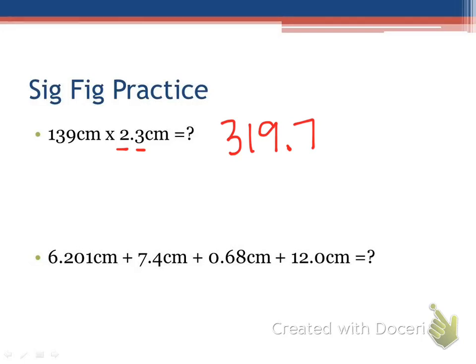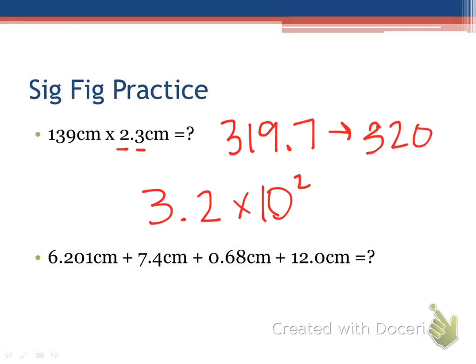Evan, what did you have for your final answer? 3.2 times 10 to the second power. Perfect. 3.2 times 10 to the second. Because if I round this up to 320, right, does this give me 2 Sig Figs? No. It gives me an ambiguous number.